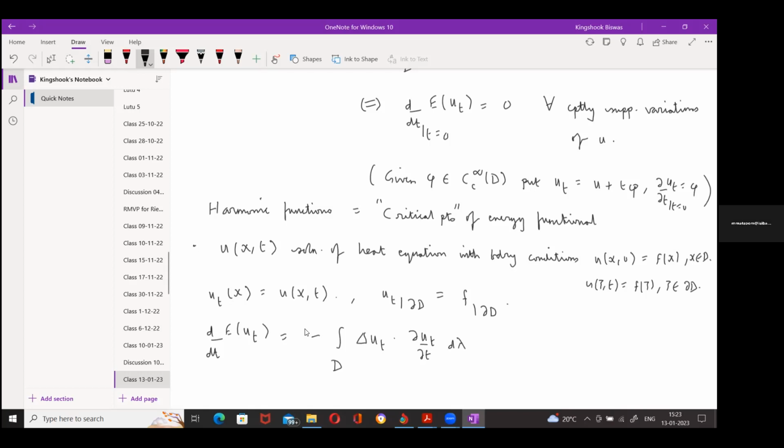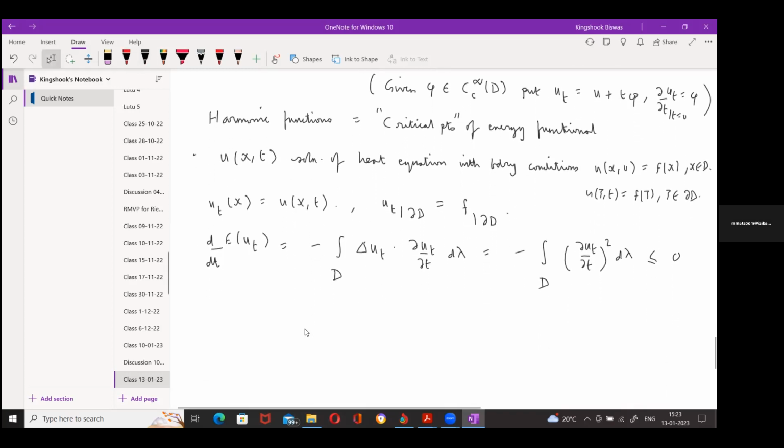But since it's a solution of the heat equation, this is going to be minus the integral of (del u_t/del t) squared, right? So this is less than or equal to 0. Okay. So that means the energy is decreasing in t.